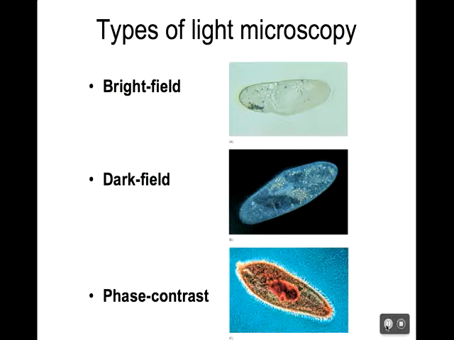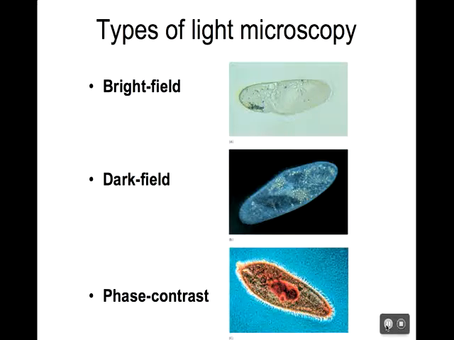Bright field microscopy is what we've been doing in the lab up until this point. In bright field microscopy, you have a specimen on your slide, and the light comes up from underneath it. The light passes through the specimen and goes up to the objective lenses.